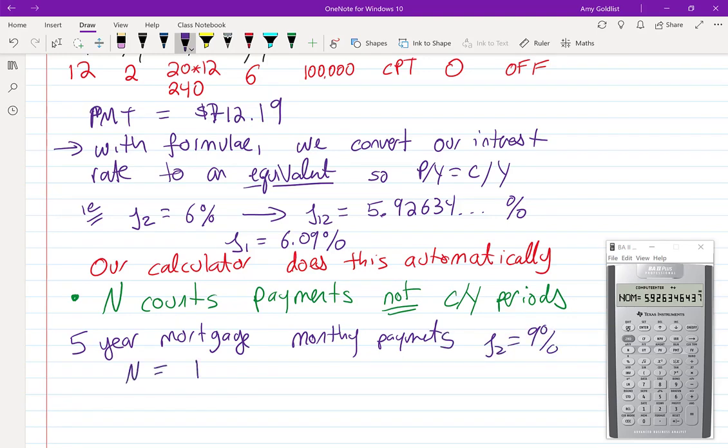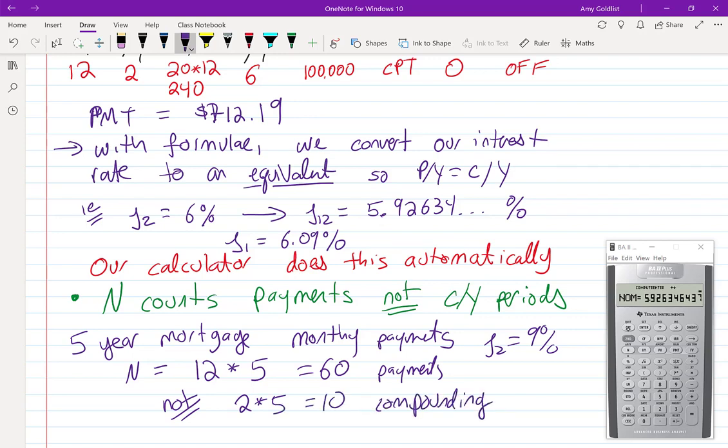N is going to be 12 times 5, 60 payments. And it's not going to be 2 times 5 equals 10 compounding periods. And that's because your calculator is actually changing that interest rate. I'm going to put a big X on this so that everybody knows that that's not there.